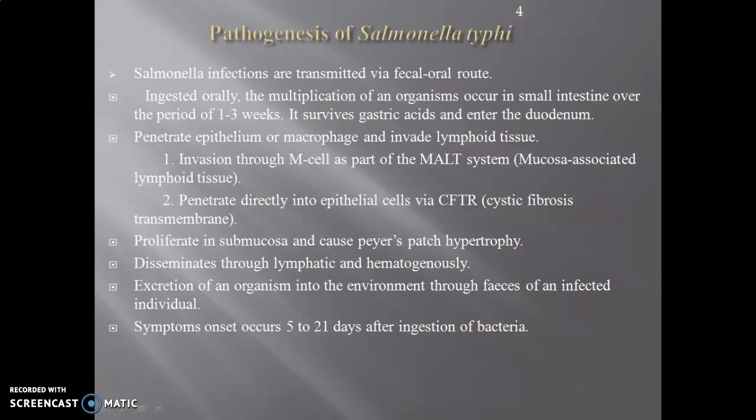And they do so by a couple of mechanisms. One is through an M cell, which is part of the MALT system, that is mucosa-associated lymphoid tissue. The second is direct penetration into the epithelial cell via CFTR, or cystic fibrosis transmembrane conductance regulator, which is an ion channel.